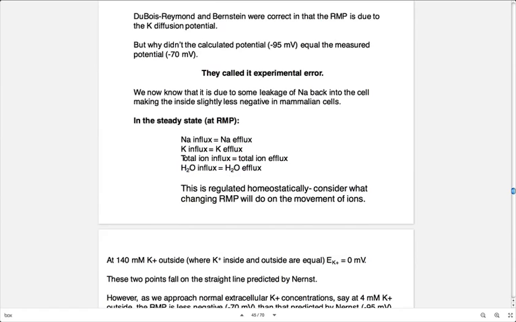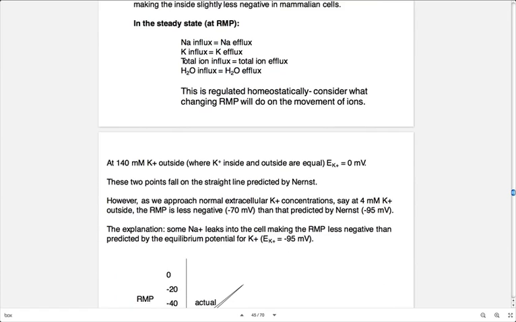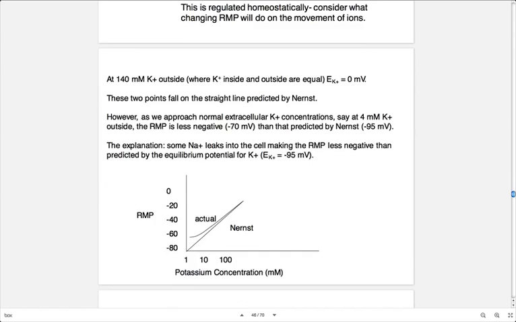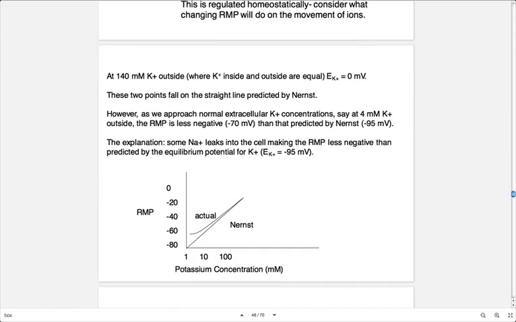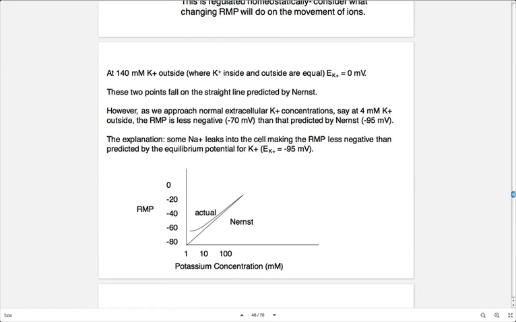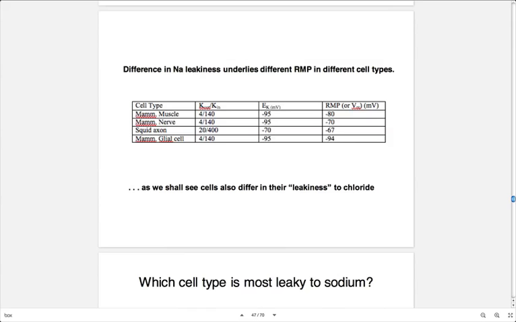Again, you have both sodium and potassium moving. I might have hit up instead of down there, or duplicated the slide. What I just mentioned is that actual resting membrane potential is going to differ in different cells and different tissues.